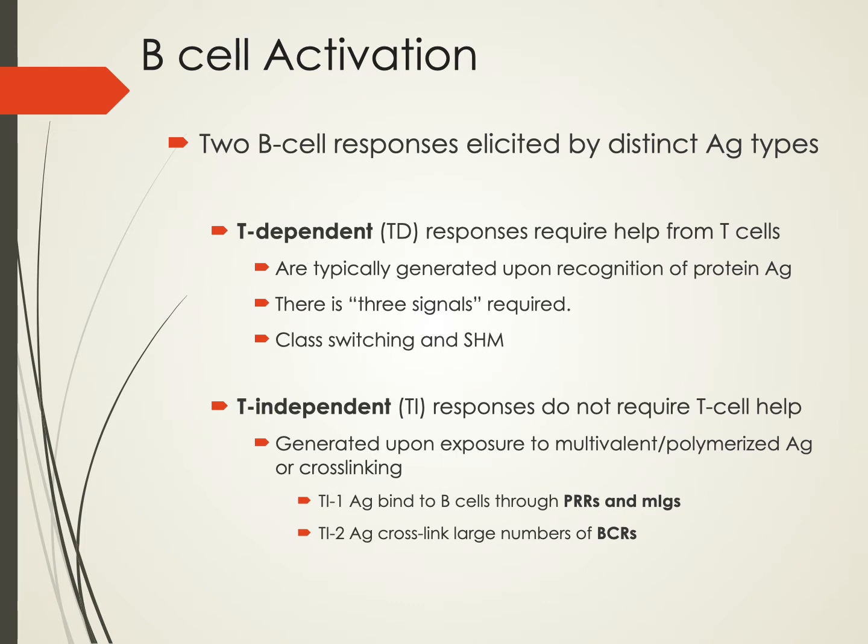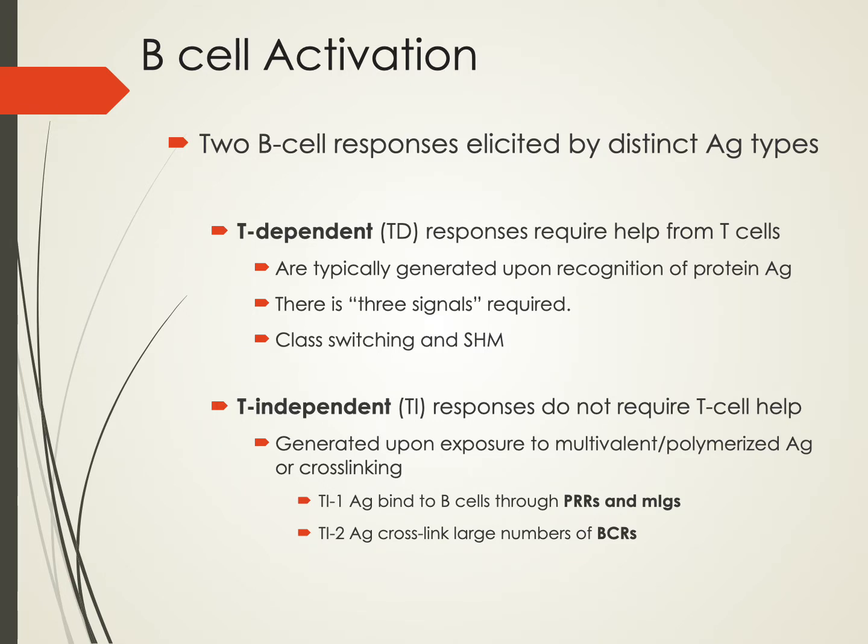There's what's known as TI1, T-independent 1, which is usually through pattern recognition receptors, and TI2 is through the B cell receptor, but because the B cell receptors complex together, there are multiple interactions with antigen that lead to the signaling events for activation.